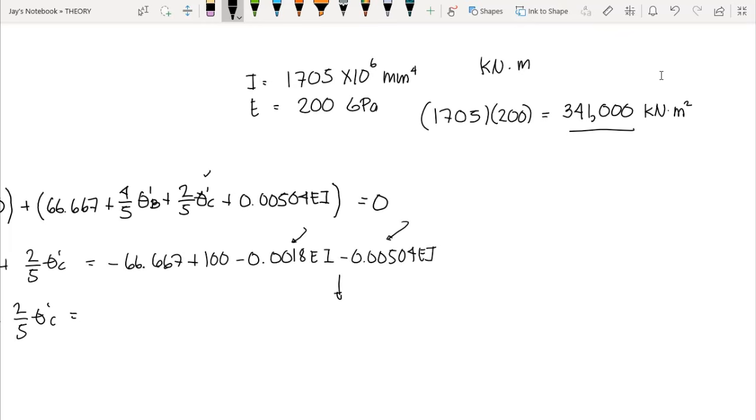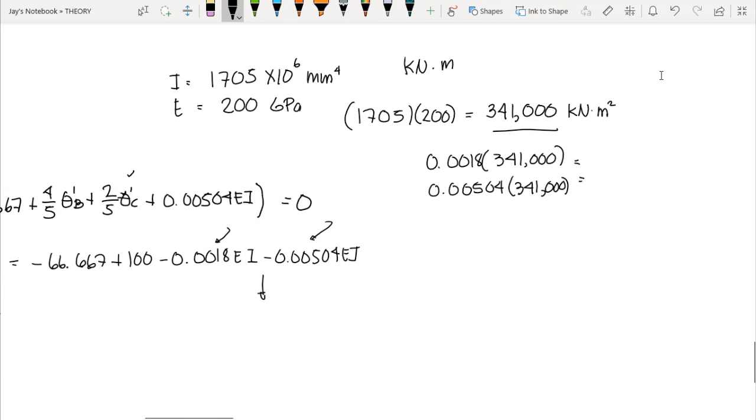So we have 0.0018 times 341,000 and 0.00504 times 341,000, which gives us 613.8 and 1718.64, in kilonewton meters.